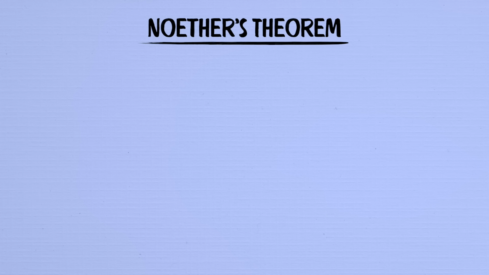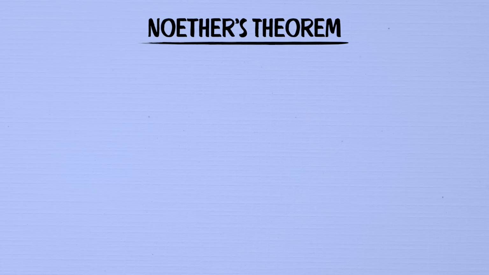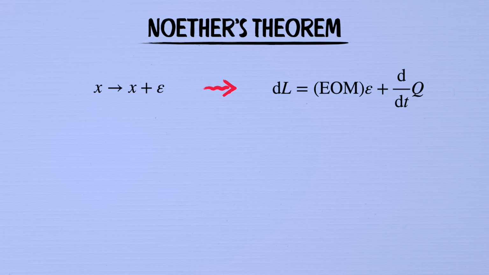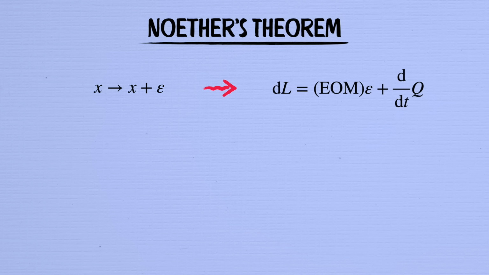Remember the basic way that Noether's theorem worked when we studied it before in particle mechanics. The point was that under an arbitrary transformation of the coordinates, x goes to x plus epsilon, the change in the Lagrangian always takes the form dL equals the equation of motion times epsilon plus d by dt of something, call it Q. EOM is the thing that vanishes when the particle is following its physical trajectory.